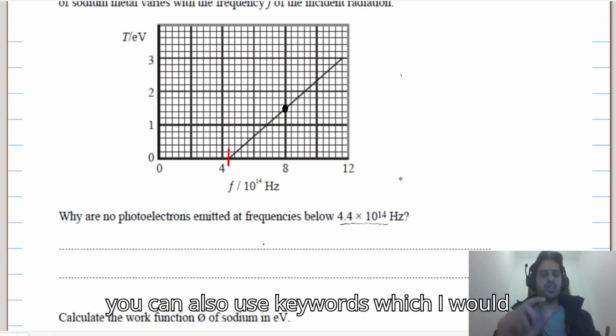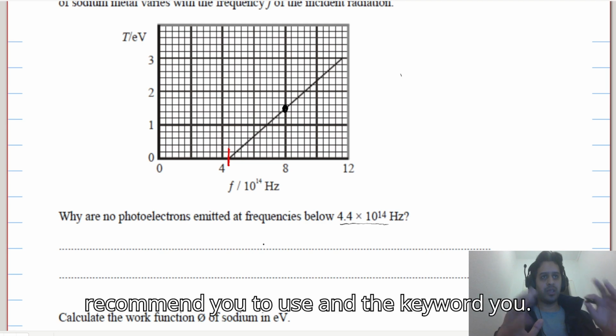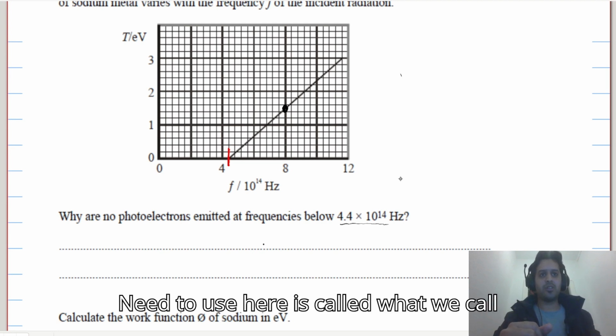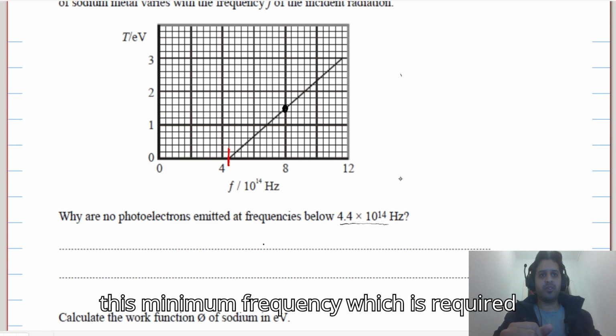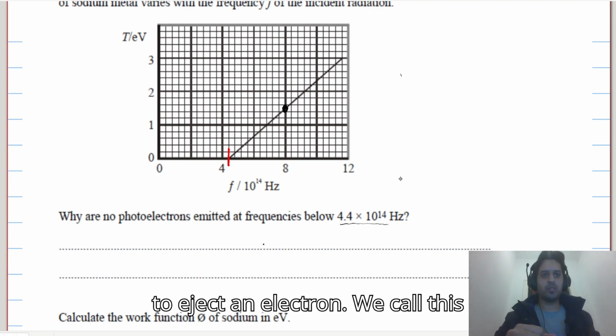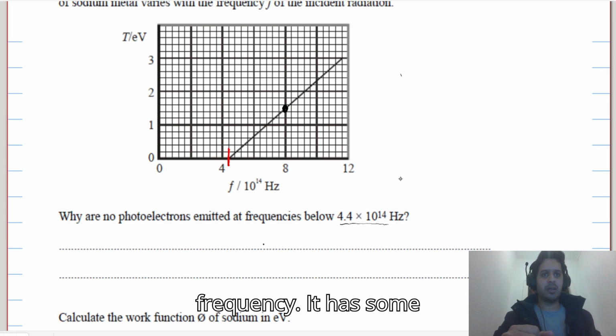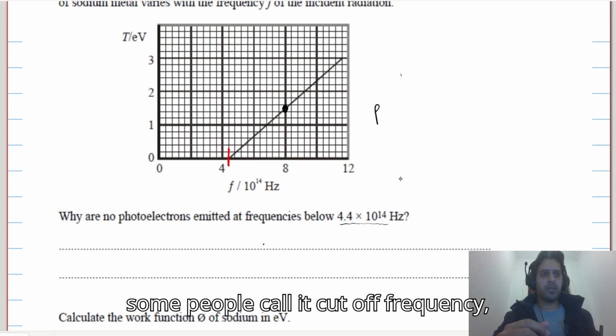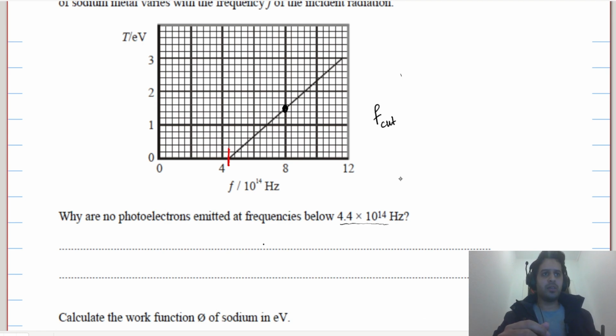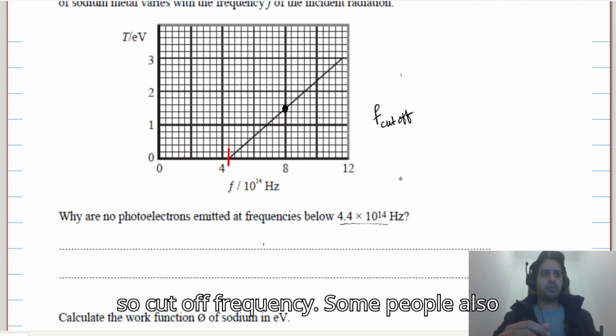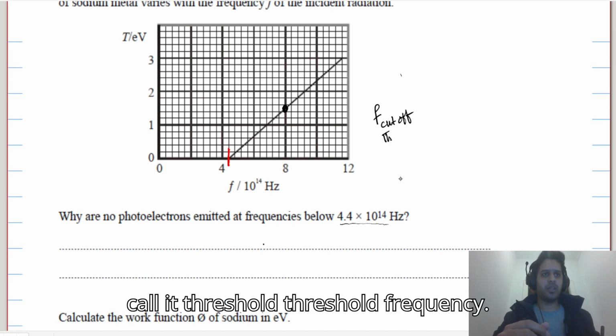But you can also use keywords, which I would recommend you to use. The keyword you need to use here is for this minimum frequency, which is required to eject an electron. Some people call it the cutoff frequency. Some people also call it the threshold frequency.